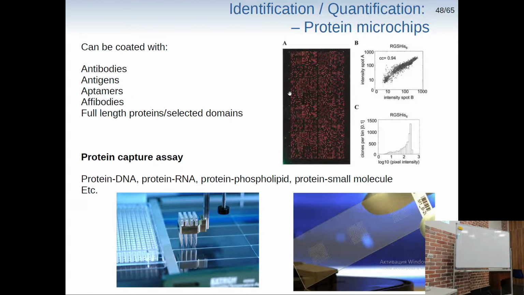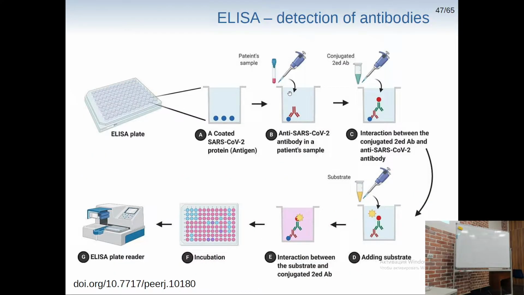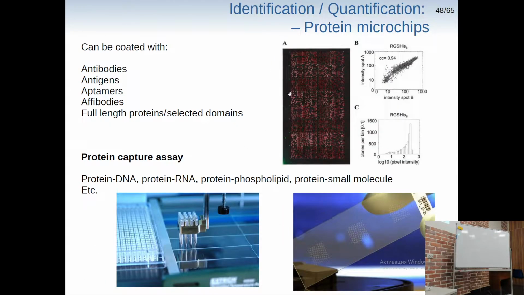So at the same time, you can probe your sample for a lot of different proteins. The problem with ELISA and Western blot was that we can see only a small set of proteins. Even if you try to do Western blotting with fluorescent labels, you can label simultaneously up to 4, I think, different proteins if they are in the same band.